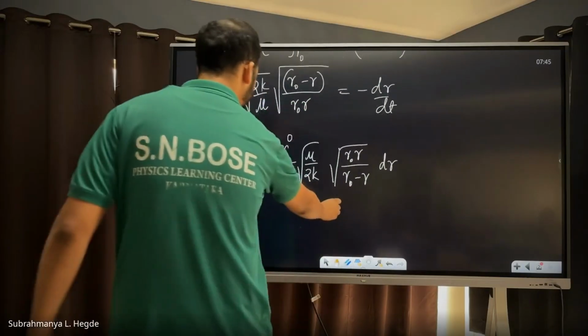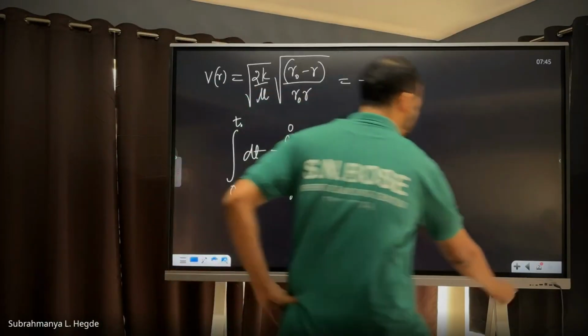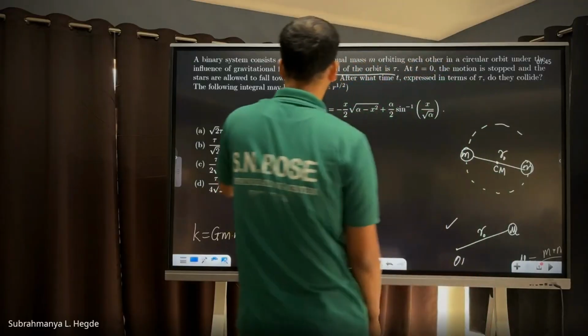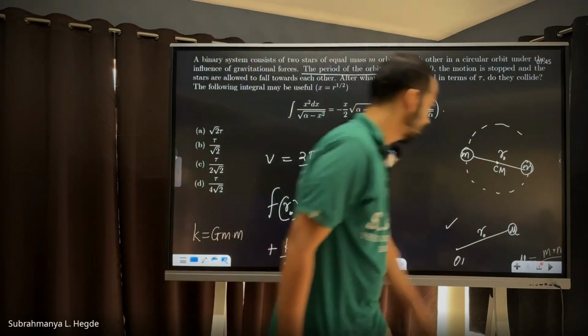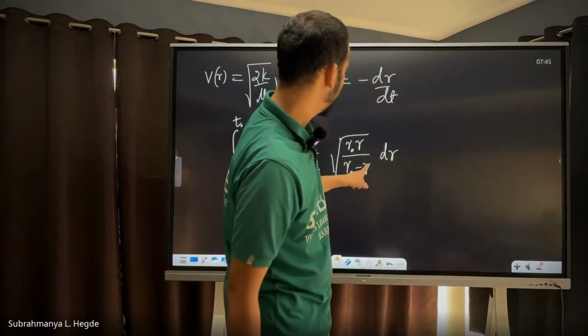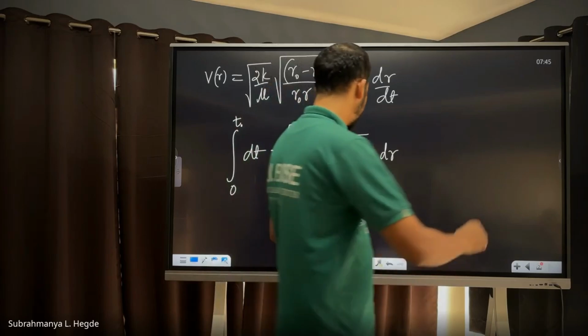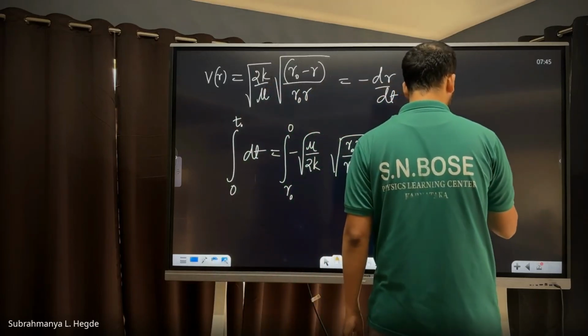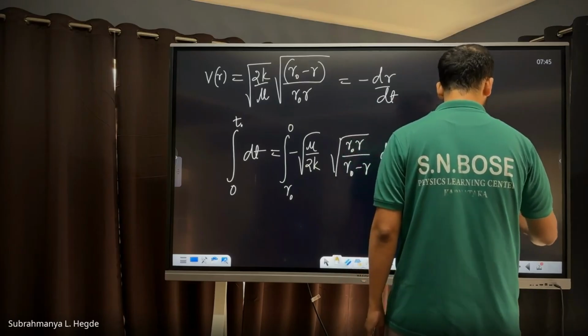Now look here. Here you need to do the substitution. Whatever the integral he gave, it contains x square dx, root of alpha minus x square. That means you have to put r equal to x square. You just substitute r equal to x square, dr is equal to 2x into dx.